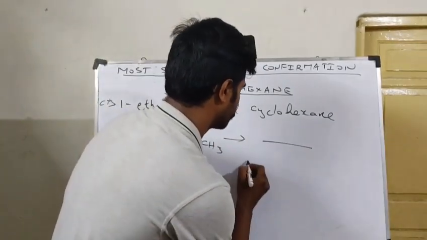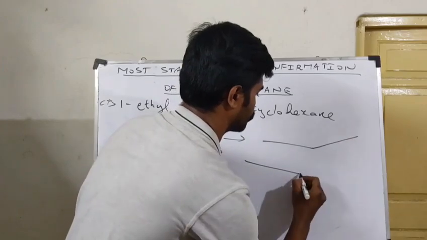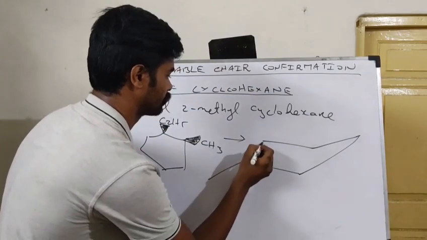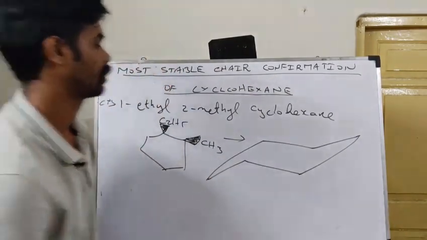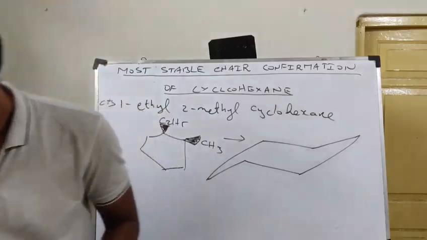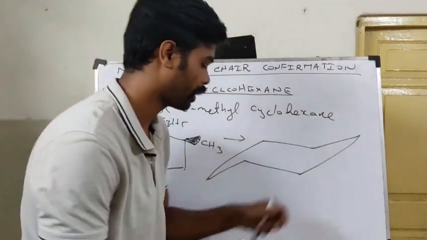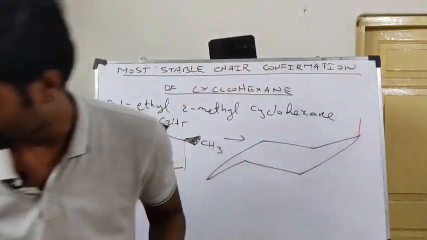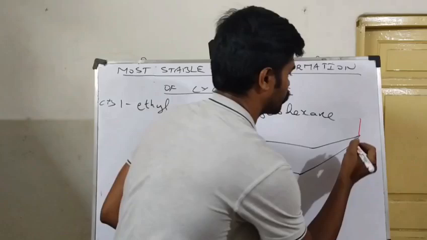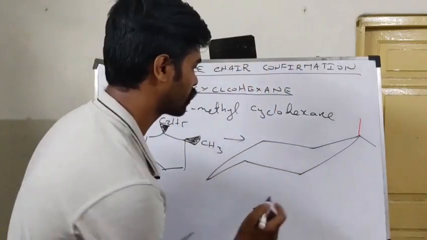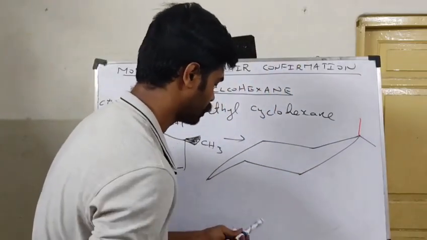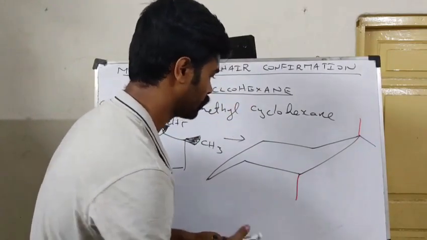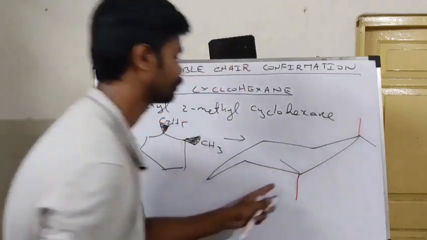So let me put the required bonds only. Here axial up and equatorial down, and in the second carbon atom axial down and equatorial up, right?